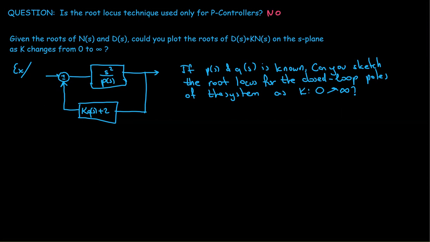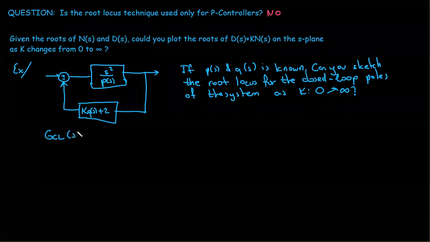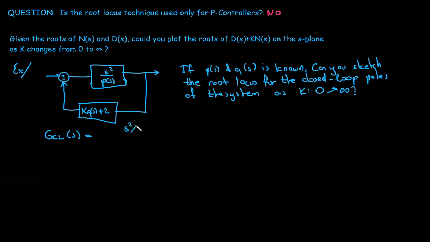Assume that p of s and q of s are given as regular polynomials of s. Let me start by writing down the closed loop transfer function. What is the closed loop transfer function here? G closed loop of s is equal to g of s divided by 1 plus g of s h of s.